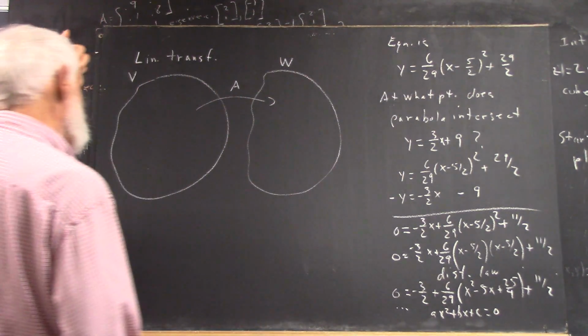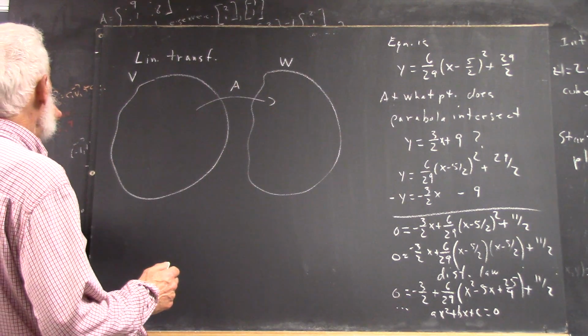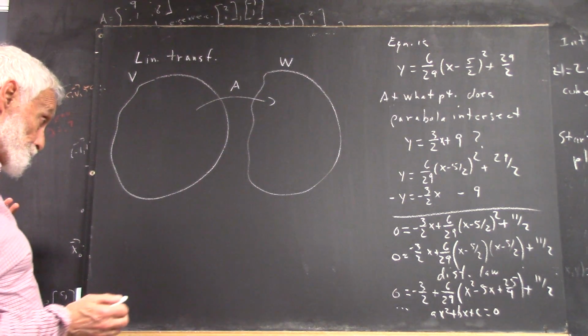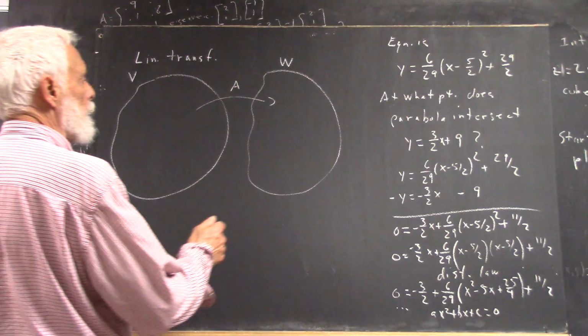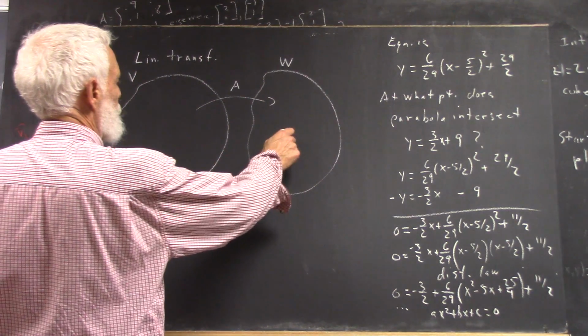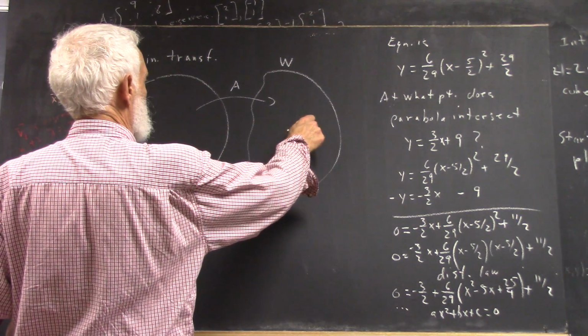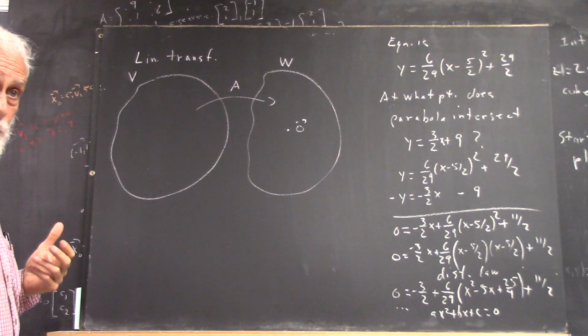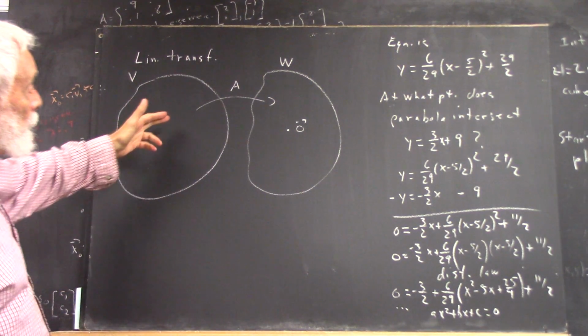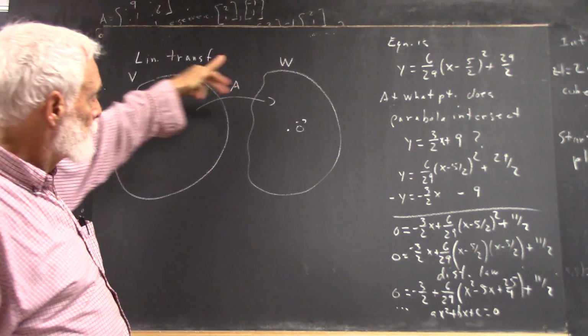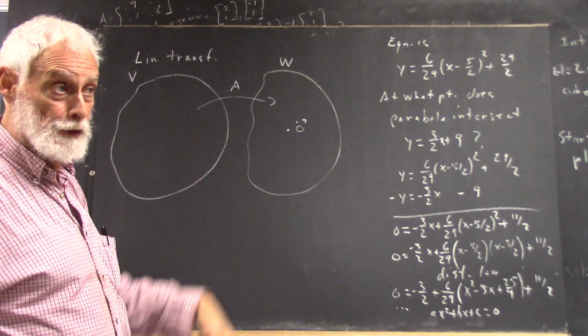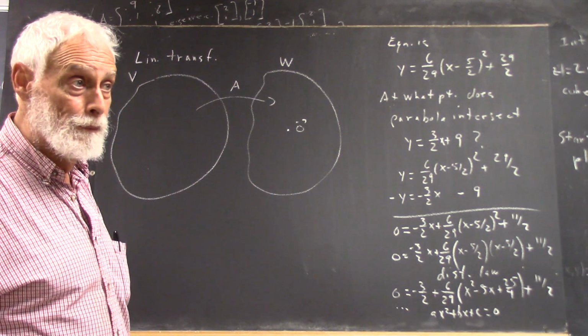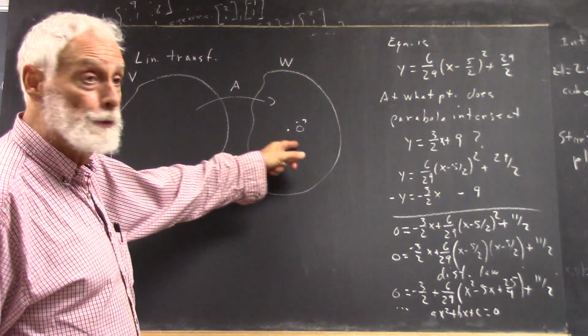Okay, so in general, there are vectors that map to the zero vector over here. Now, if the transformation is defined by a square matrix that's non-singular, then only the zero vector maps to the zero vector.